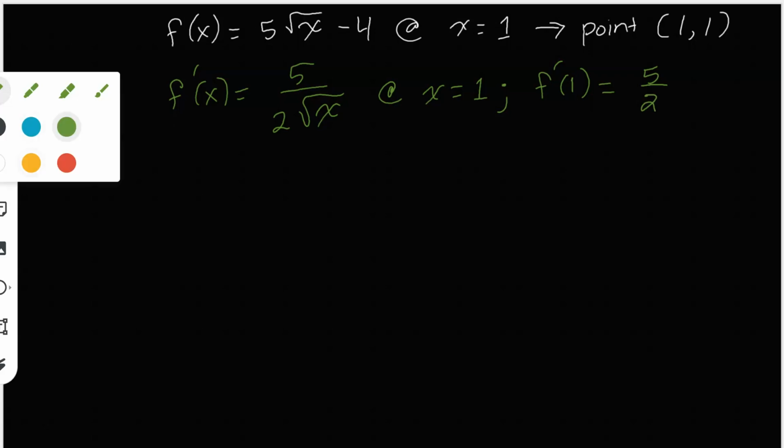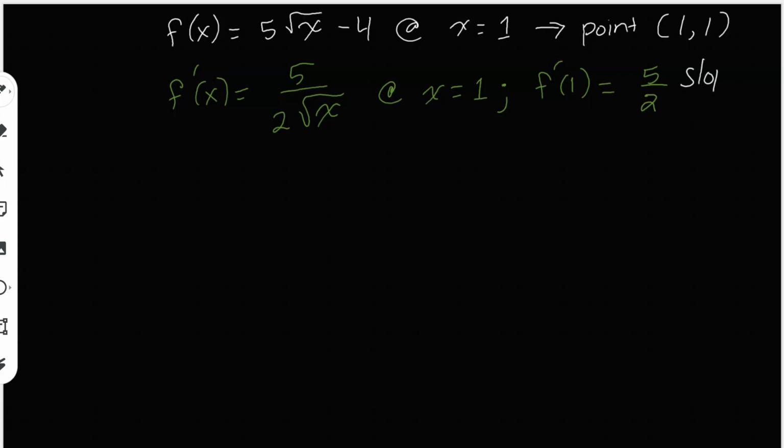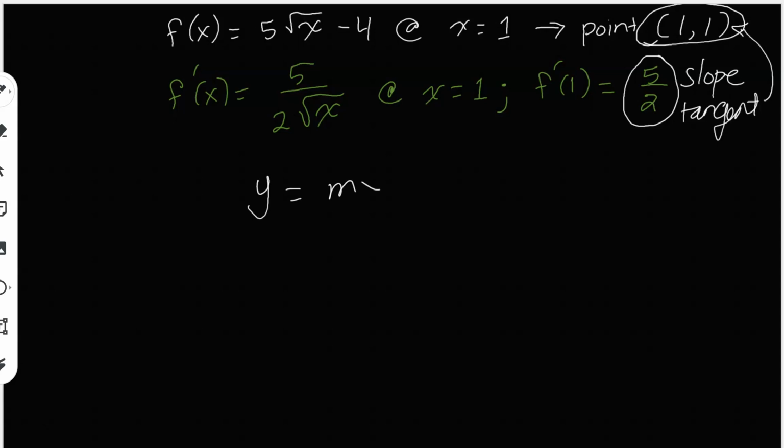This right here represents the slope of the tangent line at the point 1, 1. Okay, so we have the slope being 5 over 2. The point is 1, 1. We can say now y equals mx plus b. m is going to be 5 over 2, x is 1, y is 1, and b is the unknown, right?